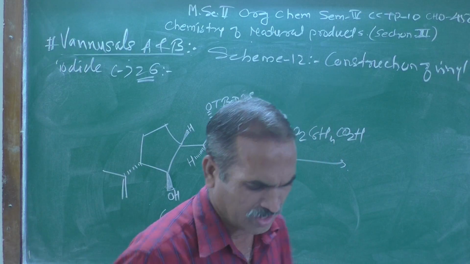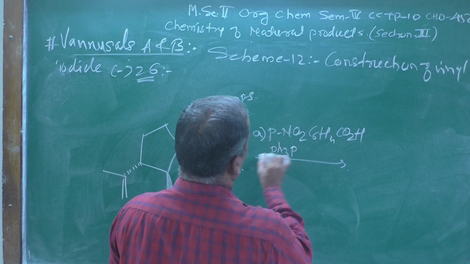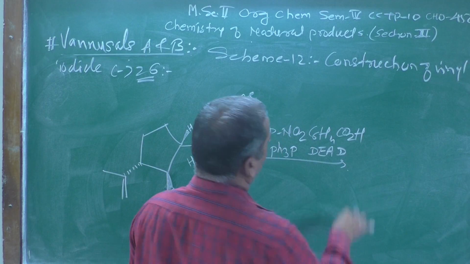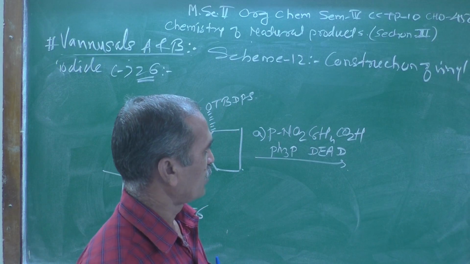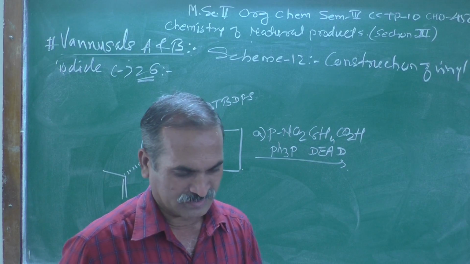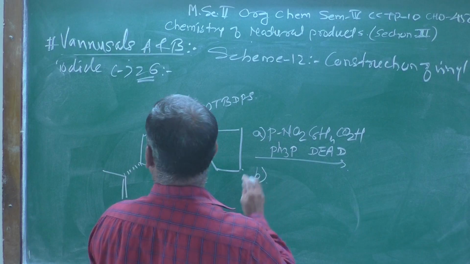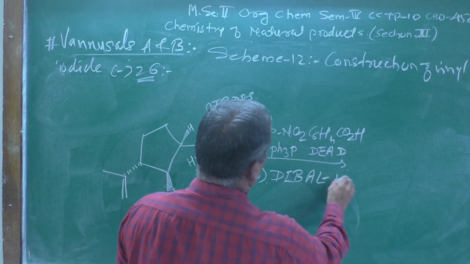That we can understand from this, and then that will be treated with PPh3, triphenylphosphine, and DEAD. DEAD means diethyl azodicarboxylate, that is the reagent, followed by the second one, DIBAL-H.